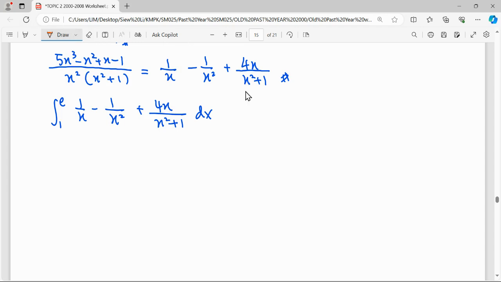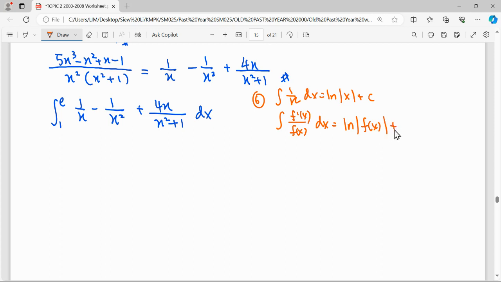The formula we need here is number 6. Integrate 1 over x, you get ln modulus x plus c. Another special form is to integrate f prime x over f x, which gives ln f x plus c.